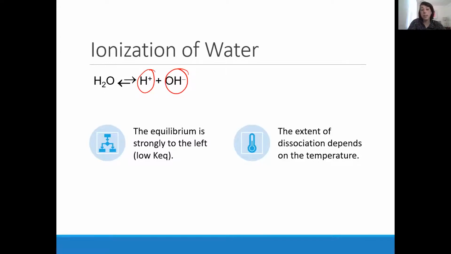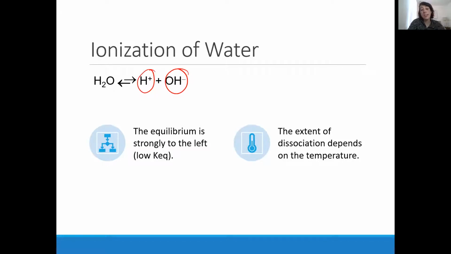Now, this dissociation into the proton and hydroxide is rapid and it is reversible within water. You can see the double-headed arrow showing that it does go between the two states. Now, the equilibrium of this is strongly going towards the left, thus the slightly bigger arrow in our double-headed arrows here, meaning that water normally is in the state of the full molecule, not dissociated.